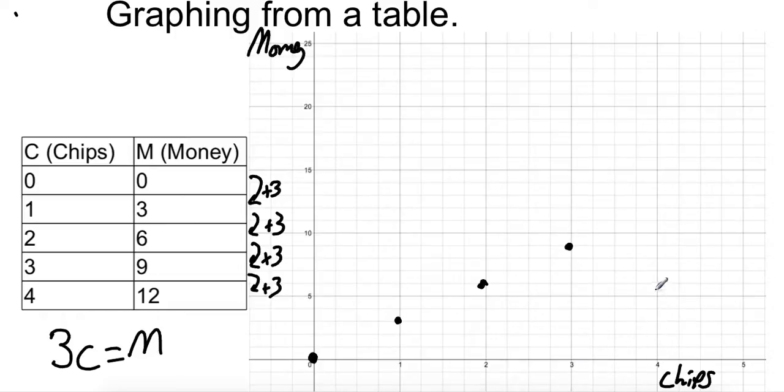And just for double checking, we're going to go up to 4 bags of chips, and that's $12 according to our table because we add by 3 each time. Our rate of change is 3. And if we've done this correctly, we should get a straight line going through all of these points. So right now we have our graph that represents our table, and we also use this equation to help us out too.